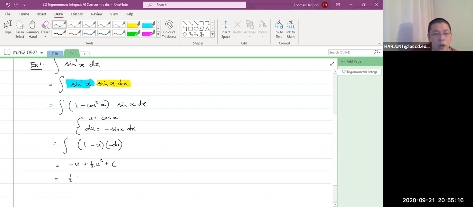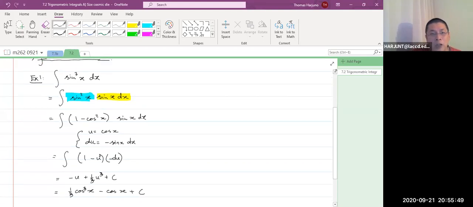That's 1/3 cosine cubed x minus cosine x plus constant. I'm sorry, it should be squared here, and this should be cubed by 1/3. So yes, if the sine has odd exponent, you pull it out.